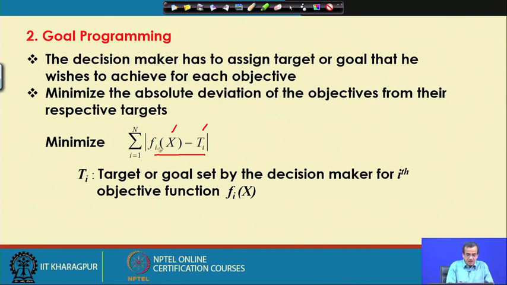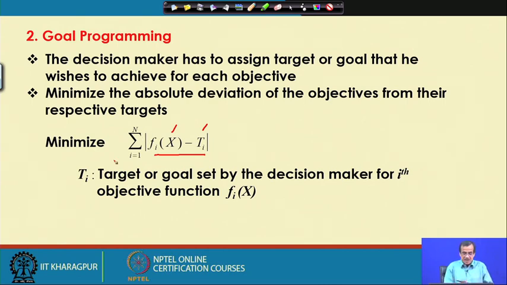So, mod of f_i(x) minus t_i is the deviation or the error in the mod value, that is the positive value, and the sum of all the deviations considering all the objectives, we try to minimize.